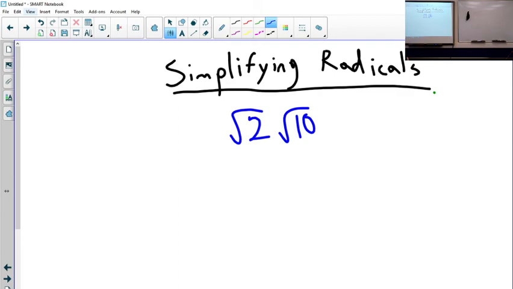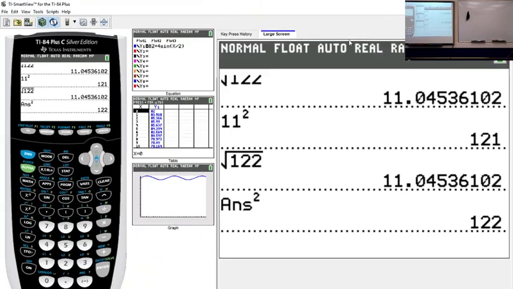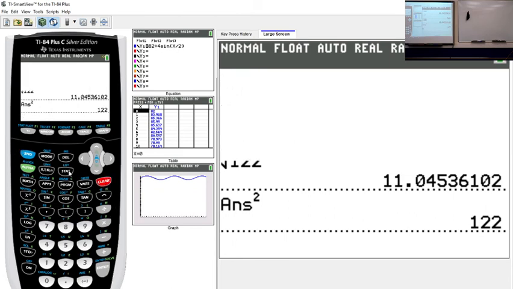So 5 square root of 2 times square root of 10. Then we can use the calculator here to check that square root of 2 times square root of 10 is simplifying the way that it's supposed to, that you're doing the problem correctly.